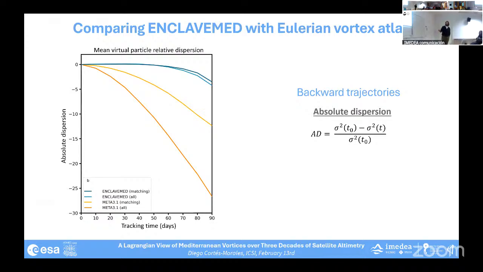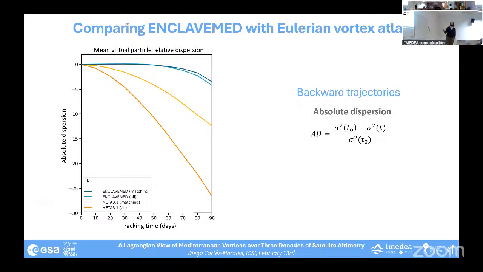And we can see that the clusters of particles initialized within the Eulerian vortices disperse more than in the Lagrangian case. However, the Eulerian vortices that match with the Lagrangian ones, in yellow, are less dispersive than when we consider all the Eulerian vortices.